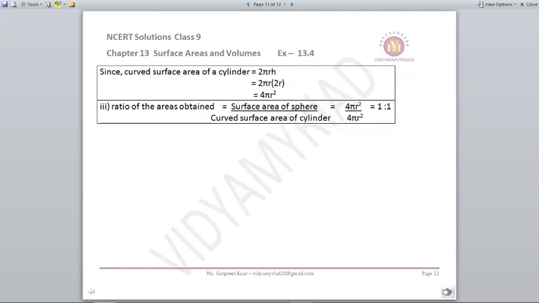We know that curved surface area of cylinder is 2 pi r h. So 2 into pi into radius r, h is 2r. This comes to 4 pi r square. So surface area of sphere is 4 pi r square, curved surface area of cylinder is also 4 pi r square, both get cancelled, so the ratio comes 1:1.